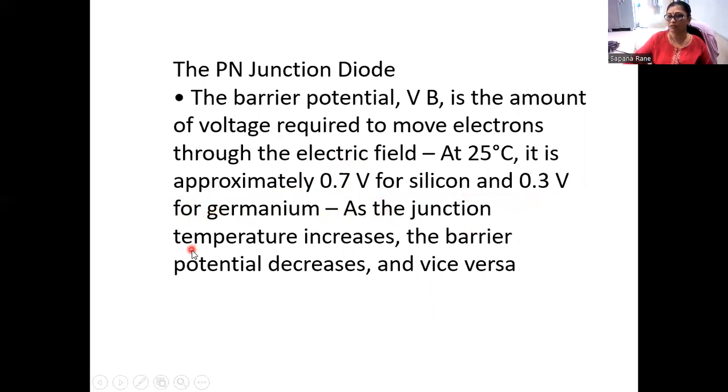And as the junction temperature increases, the barrier potential decreases because as the junction temperature increases, the charge carriers are increased and therefore the barrier potential decreases. So this barrier potential depends on the temperature.